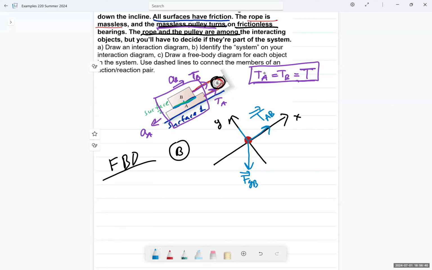The normal force is going to be perpendicular. And since B is going to be accelerating upward, there's going to be friction. So let me label it like this. This is the normal force that A exerts on B. And here's the friction that A exerts on B.